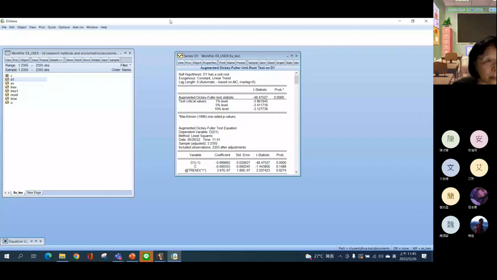So in other words, in this case, instead of using the original LNEX, you need to use the first difference of LNEX as a variable, because we just showed that the first difference of LNEX is a stationary variable.